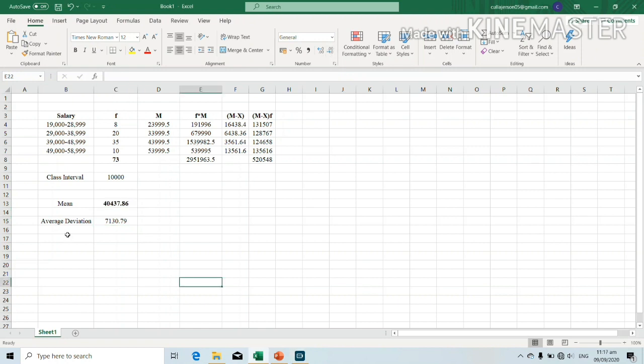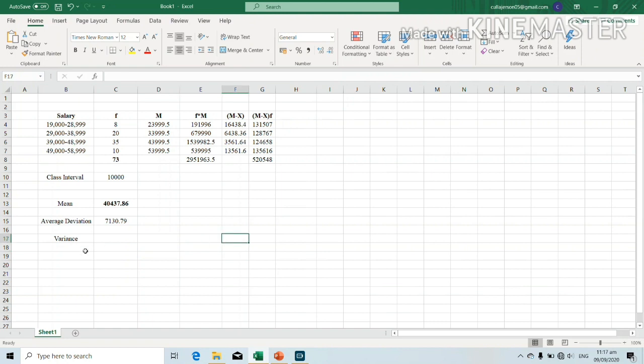Proceed naman tayo sa pagkuha ng variance. Yung formula natin ng variance, summation ng f times x minus mu squared over n. Since population yung data natin, symbol natin is sigma squared. Kunin natin si m minus x squared or times m minus x.